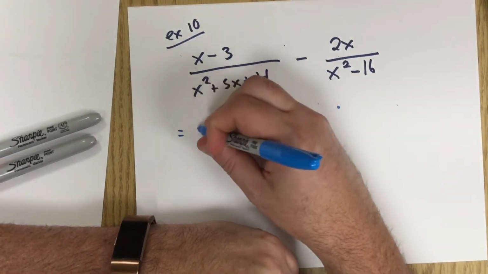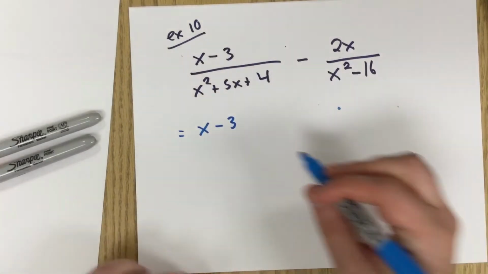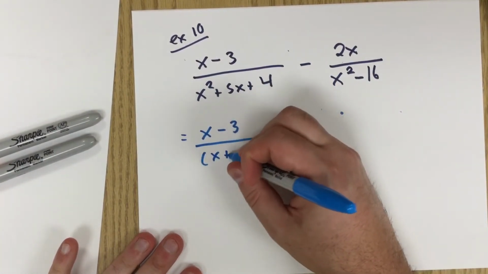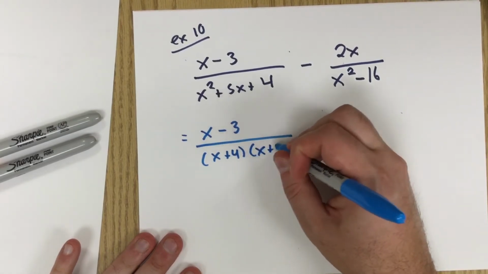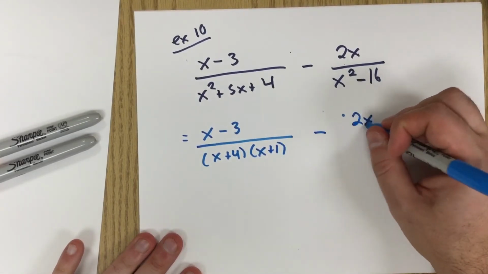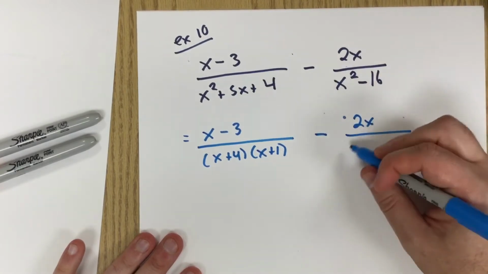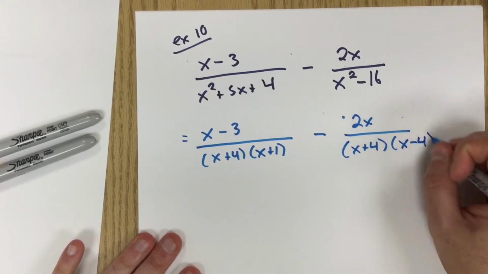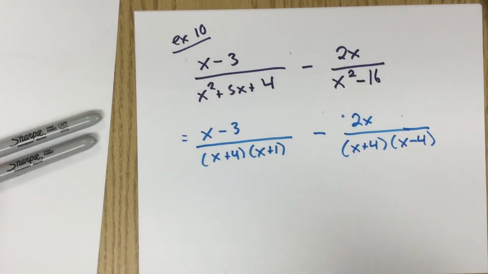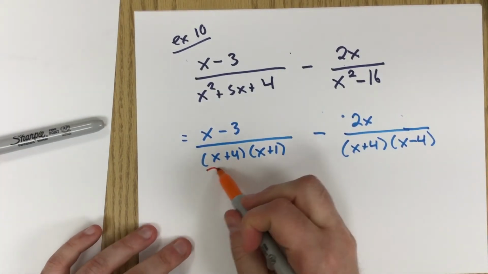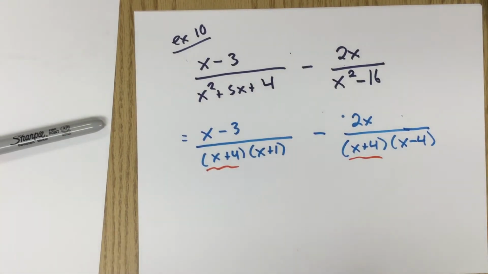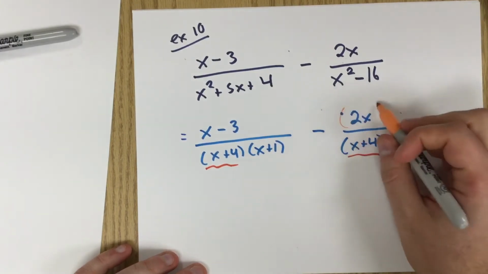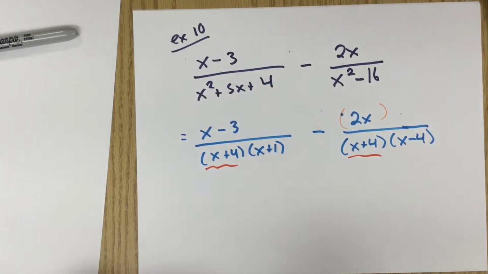So we're going to get x minus 3 over, it's going to be 4 and 1, (x plus 4)(x plus 1), minus 2x over, that's a difference of squares, so that factors into (x plus 4)(x minus 4). This is common, so we're not going to have to worry about that. We are going to have to keep in mind that there's a minus here, so we're going to have to keep in mind those invisible things.